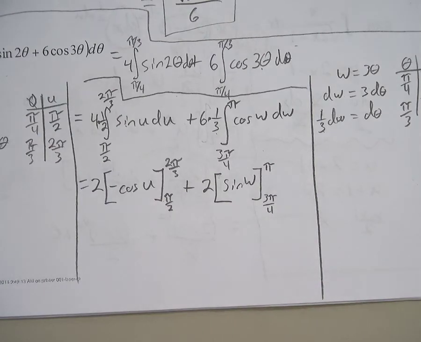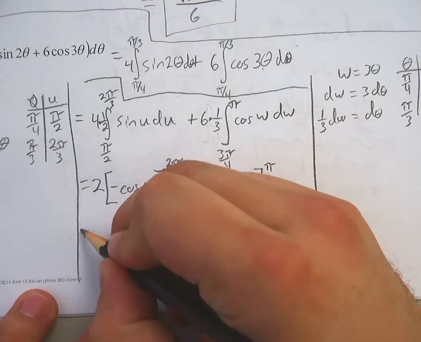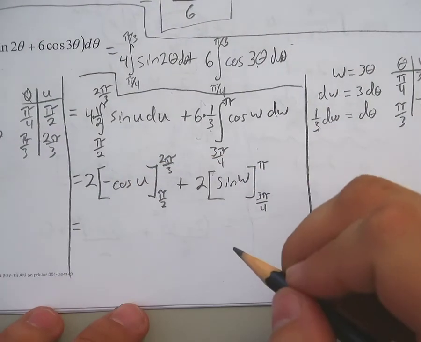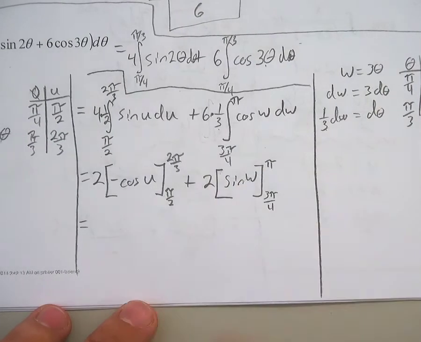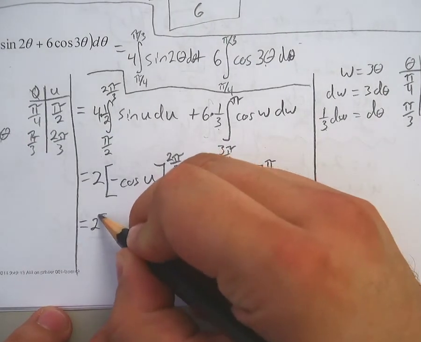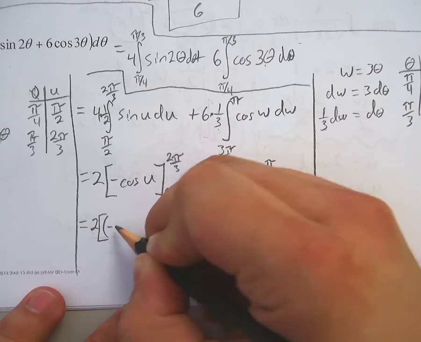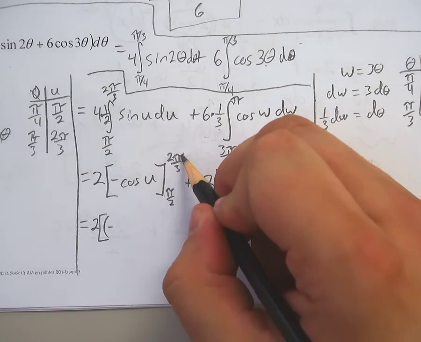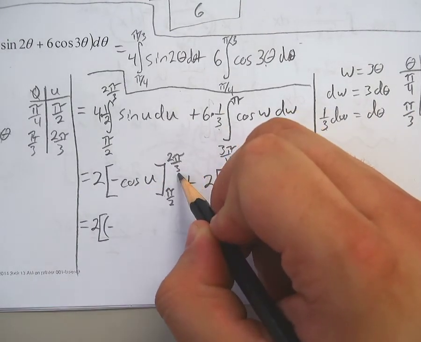All right. I'm going to try and squeeze this in here. I hope I have enough space. I've written kind of big. But setting this up, we have 2 times negative, the cosine of 2 pi over 3 is negative 1/2.